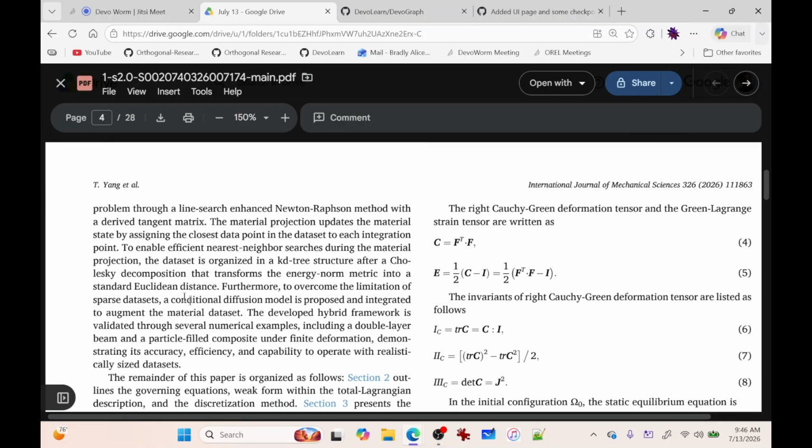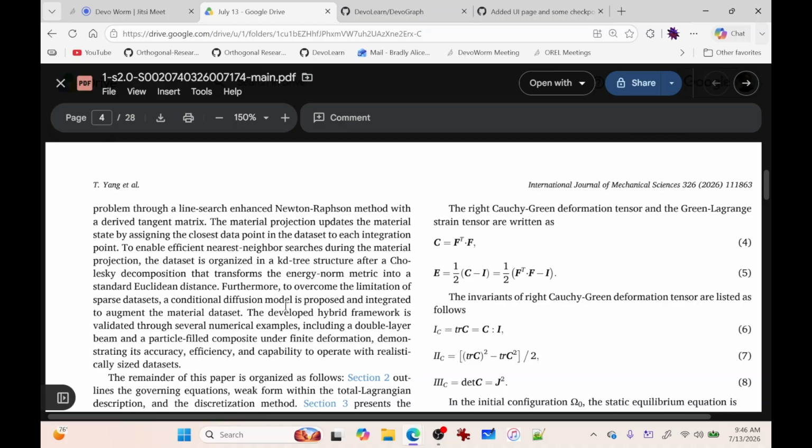So that's what they're doing here. And then to enable efficient nearest neighbor searches during the material projection, the dataset is organized in a KD tree structure after a Cholesky decomposition that transforms the energy norm metric into a standard Euclidean distance. So they're taking their data and reducing it to this KD tree structure, which outputs a standard Euclidean distance, which will describe these stress-strain pair relationships. And then we can get on with the predictions of the dynamics.